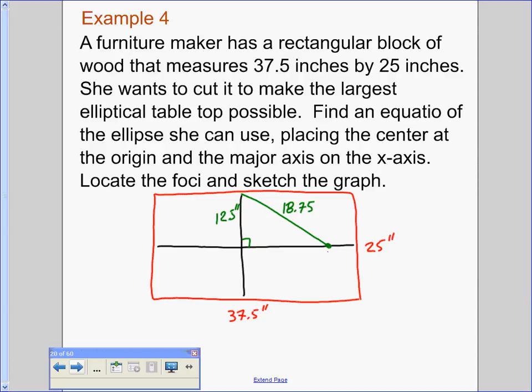And so then this is going to be the focus, because we're going to come up with an ellipse, because what we're looking to come up with is the maximum area that we can come up with there. Or we're going to use the most of this rectangular block of wood. So we have that as 18.75, and then we're trying to find this distance down here.